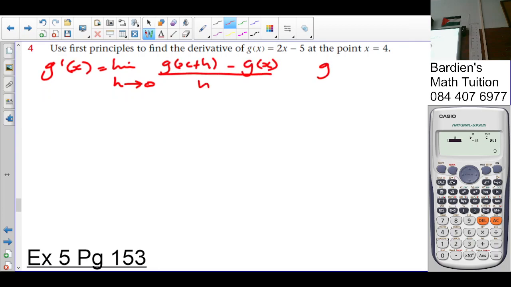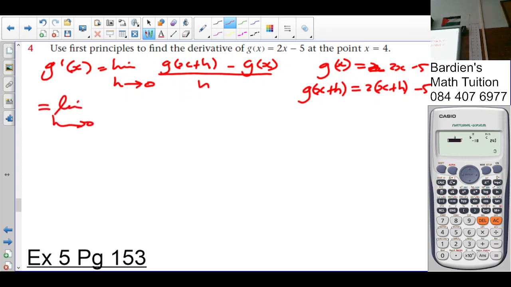If g of x is equal to 2x minus 5, then g of x plus h is going to give you 2 into x plus h minus 5. There you go, the limit as h approaches 0 of 2x plus 2h minus 5 minus g of x, which is 2x minus 5, all over h.